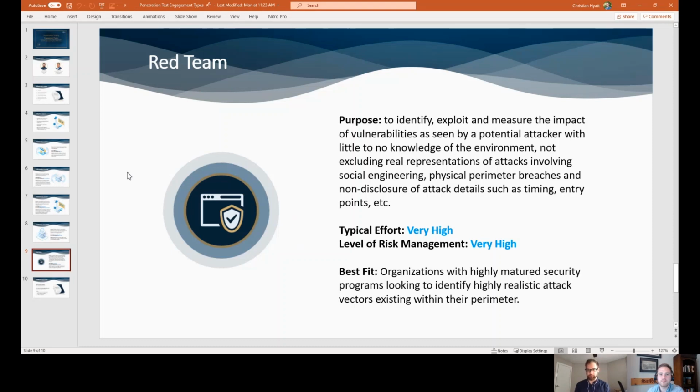The APTs, from the APT list, nation states, involving every attack vector possible. In other words, no holds barred, unless explicitly stated. Obviously, we would never want to do anything that somebody didn't want us to do. But this is where we would try our best to do what a real attacker would do.